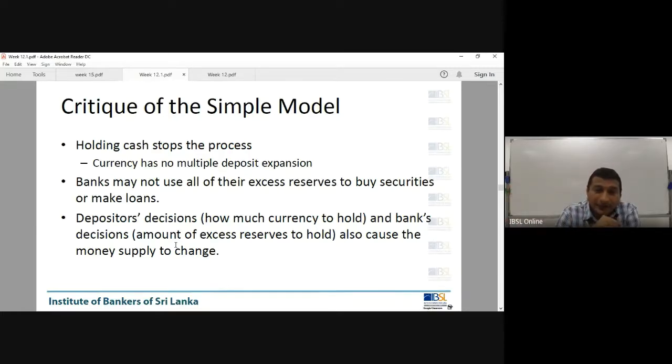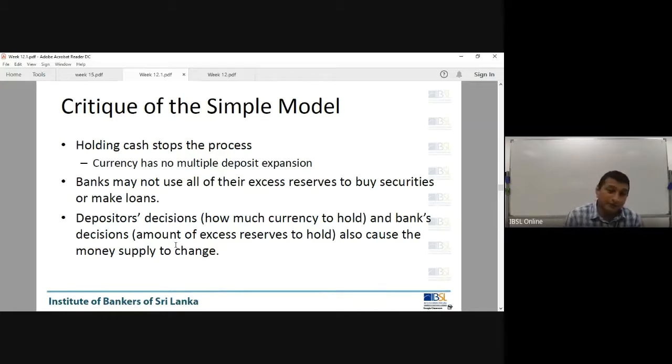Okay. And then the other thing is, banks may not use all of their excess reserves to buy securities or make loans. From a bank's behavioral perspective also, we know that the simple model already kind of discounted out so-called excess reserves; they are not available. So that itself is a critique. Generally, the banks keep a little lower than required reserves, a smaller excess reserve. Okay, and this excess reserve amount they would not spend to buy securities or make loans.